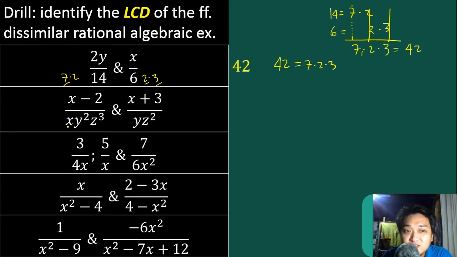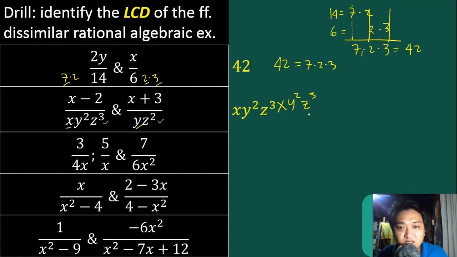Okay? So, meron tayong x. Ano malaki? Y squared o y? Mas malaki si y squared. So, pipiliin natin si y squared. Z cube at saka z squared, syempre, mas malaki si z cube. So, therefore, the LCD of these two rational algebraic expression is xy squared z cube. Tingnan natin kung tama po tayo. Okay, so xy squared z cube.